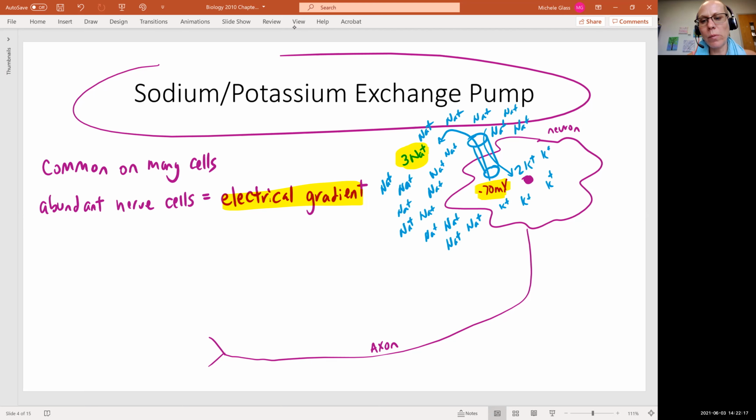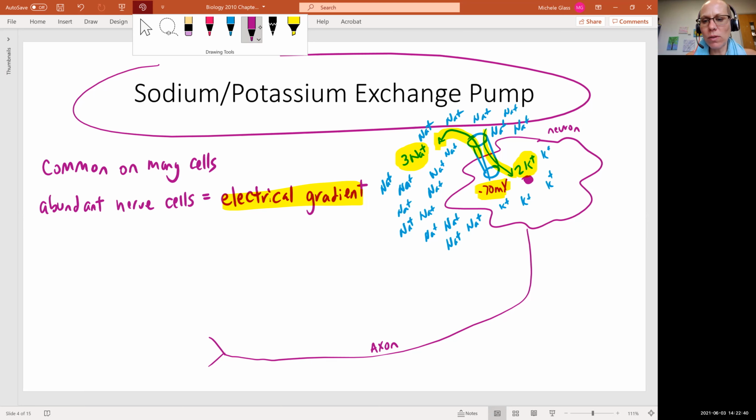Sodium potassium pump exchanges 3 sodium ions out and 2 potassium ions in. And what this does is collect a whole lot of sodium on the outside, and not quite as much potassium on the inside. And so then remember, opposite charges attract.